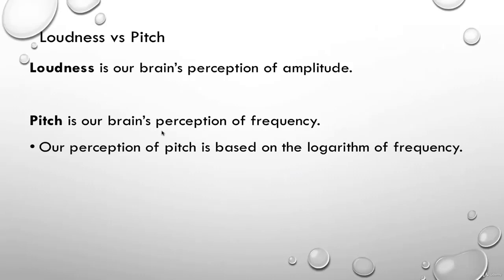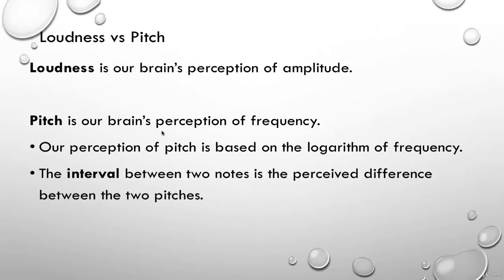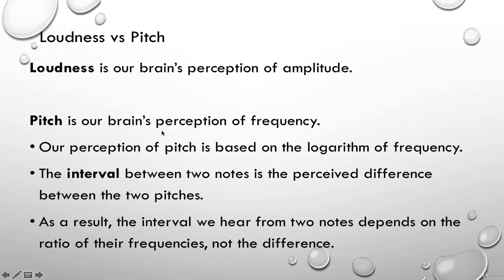In fact, it turns out that this perception is based on the logarithm scale. The interval between two notes is the perceived difference between the two pitches. Because this is a logarithm scale, the interval that we hear between two notes depends on the ratio of their frequencies and not the difference of the frequencies.